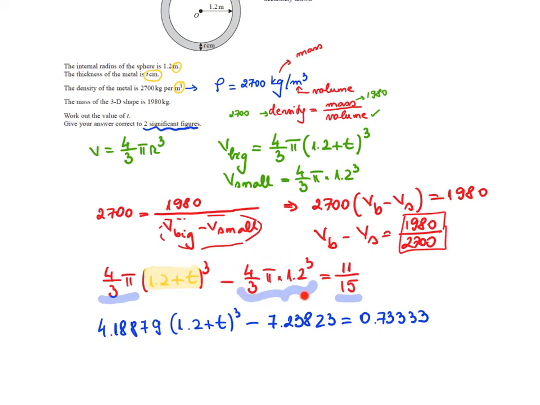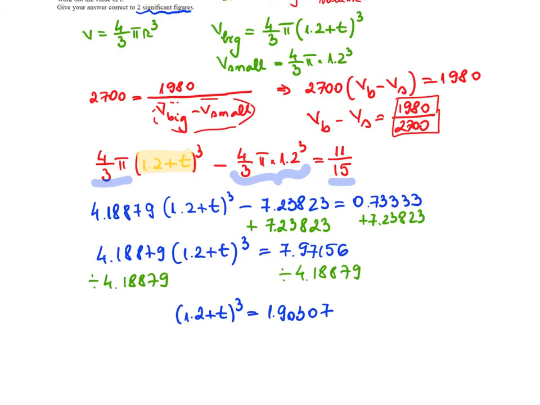Then all this expression put in my calculator gives me that number, and this expression gives me this number. Now I will isolate this whole expression by first adding this to both sides and then dividing by that number. Okay, these are the next calculations.